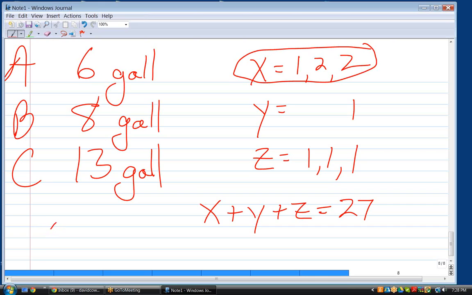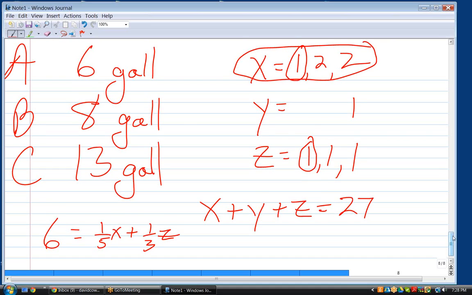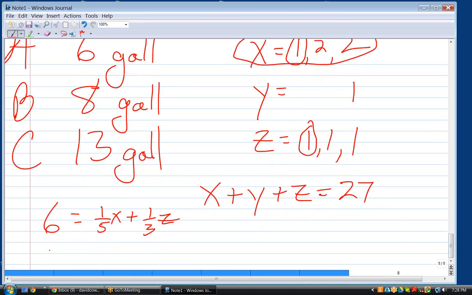Six gallons has to equal that part of X, that part of Z, right? Yes. In other words, 1/5 X plus 1/3 Z has to equal 6. That's the way we're going to do this problem. That makes much more sense.